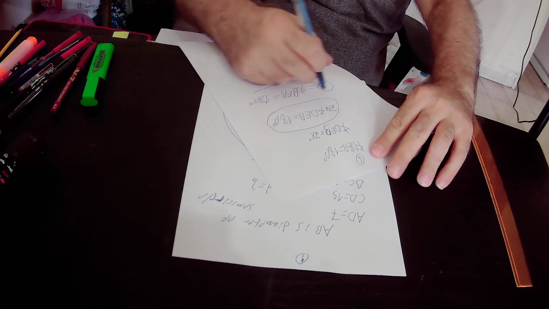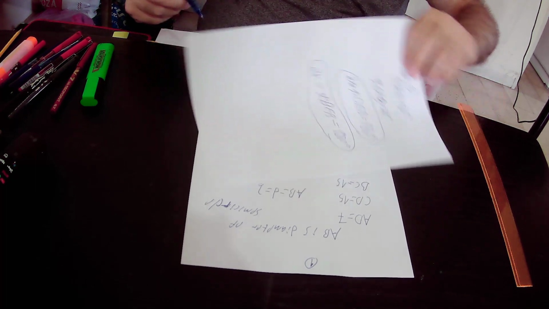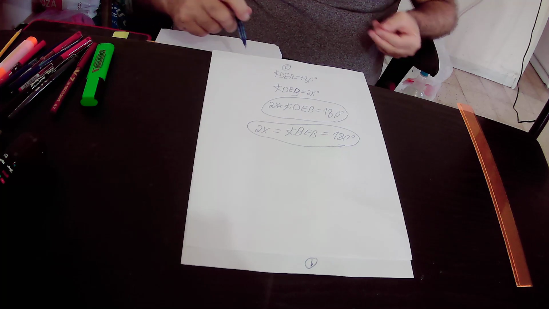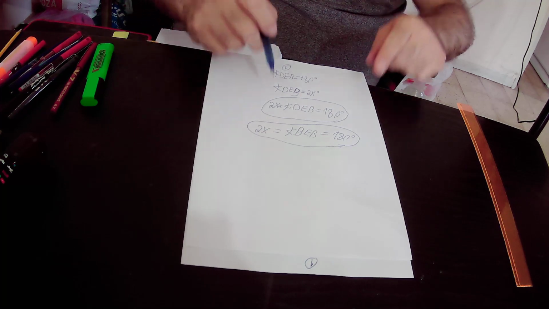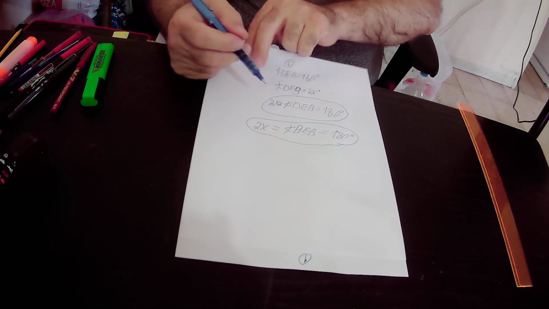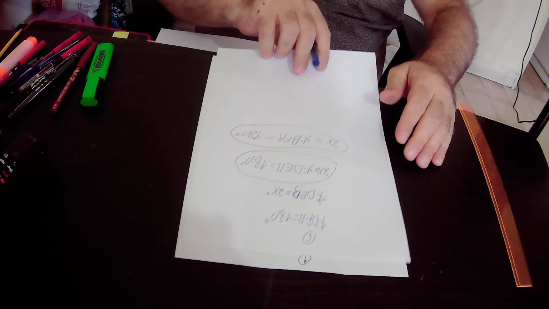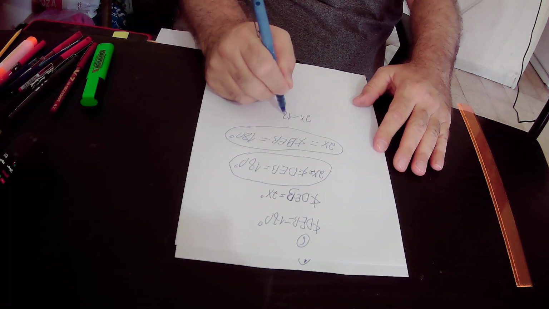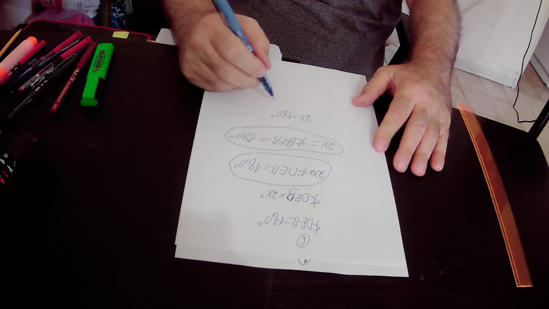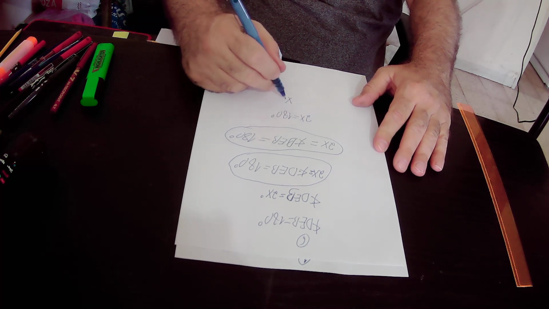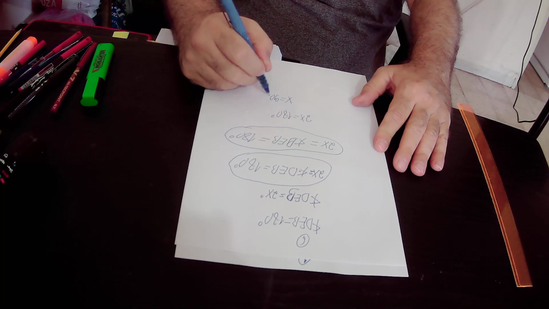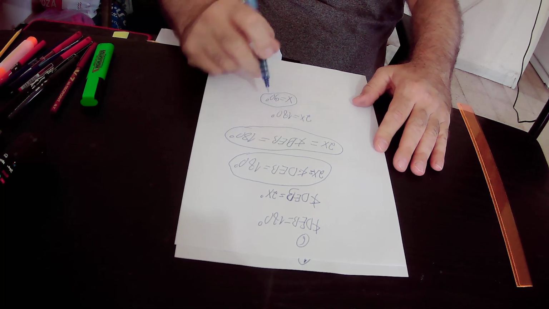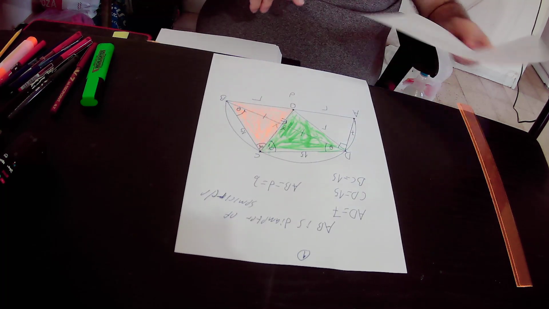So from this equality we can deduce that 2x equals 180 degrees. We will divide this equality by 2 and we will get that x equals 90 degrees. Angle x equals 90 degrees.